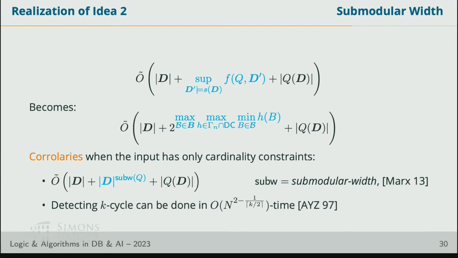One of the corollaries is that we get, for example, the submodular width result from Daniel Marx using this framework. For example, we could get the AYZ result where you can detect k-cycles in quadratic, n to the 2 minus epsilon time. The submodular width is a very, very powerful framework.